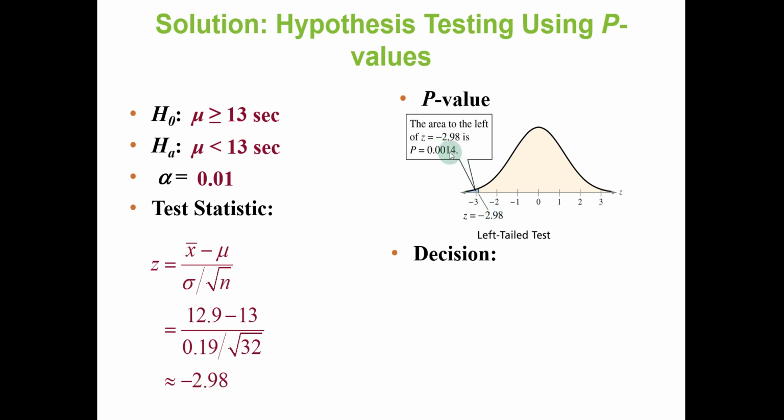And then you now compare your p-value to your level of significance. We did say if your p-value is less than, here we can see that the p-value is greater than the level of significance.